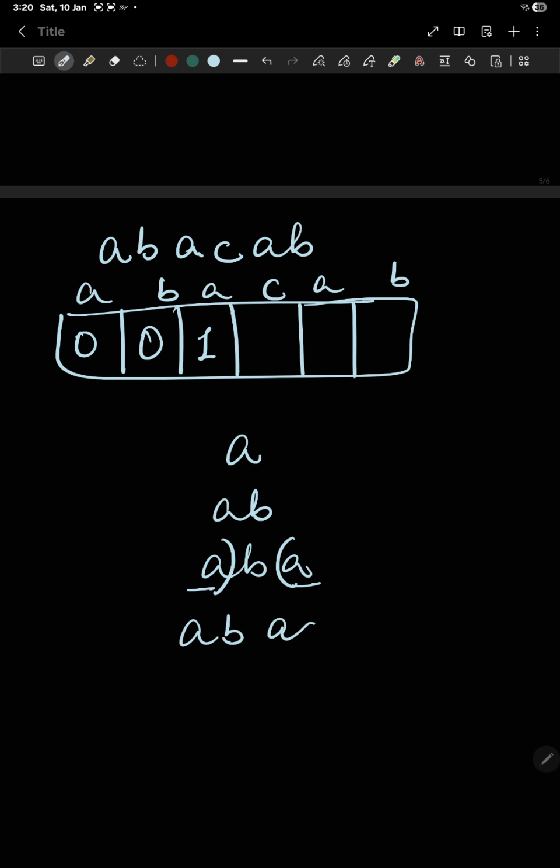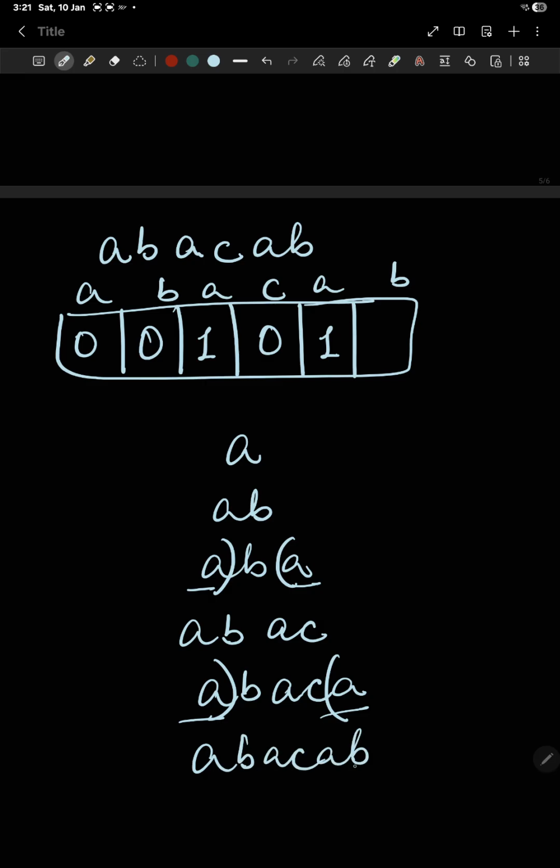Then a b a c: can you make anything? No, 0. Then a b a c a: again only a and a are similar, nothing else, 1. Then a b a c a b: what is similar? Not a b a, only a b and a b, so 2. These are two characters, so 2. So this is the LPS of this.